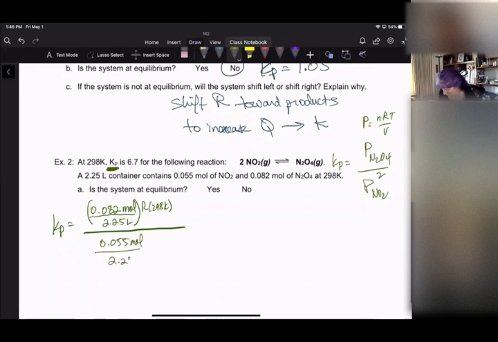Wait, is that Kp or Kc? I'm building a Kp from the information given. So I was kind of waiting to make that connection between writing the expression rather than just popping in numbers and comparing. We have to write that K expression over here and recognize those have to be pressures.